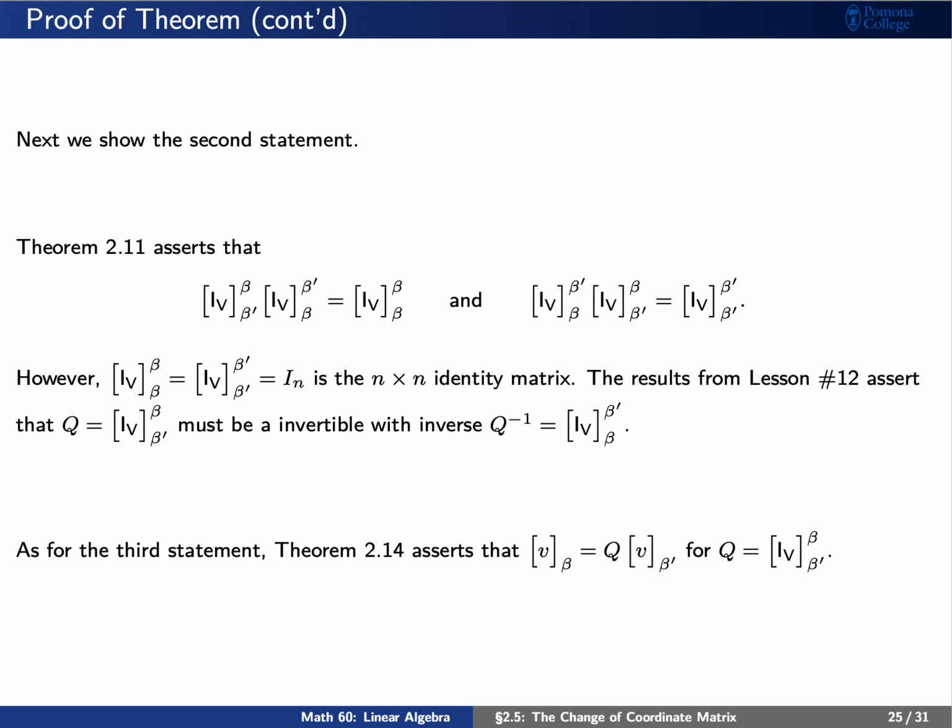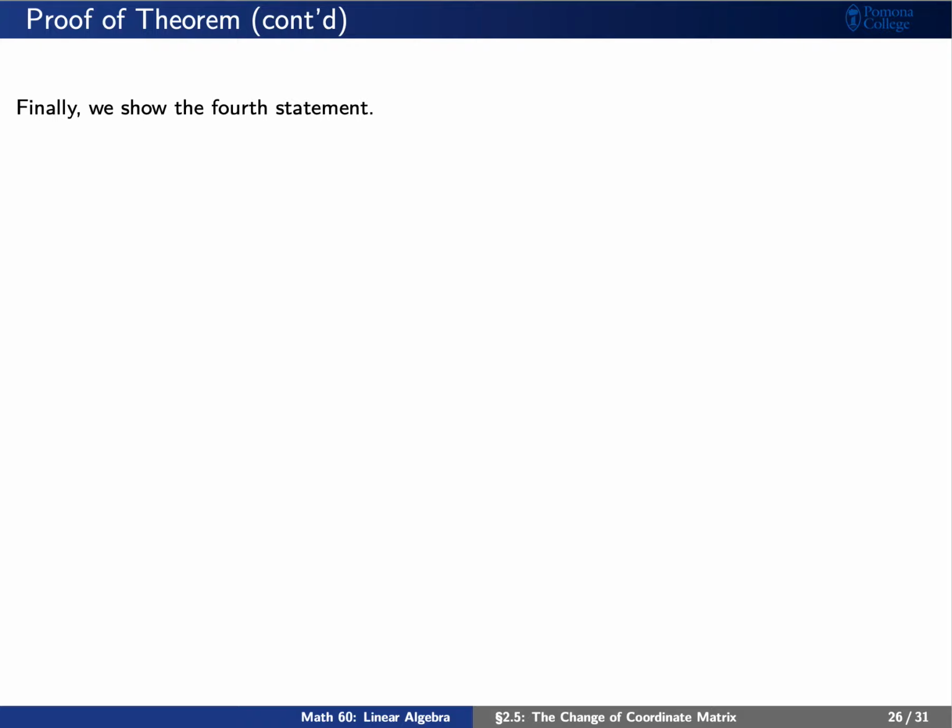As for the third statement, this is just simply a restatement of the way that we've set up all of our notation. Let's now show the fourth statement. We have the following expressions. Q times B, by the way that we've set up the definitions of Q and B, corresponds to the matrix representation of I sub V going from beta prime to beta, times the matrix representation of T going from beta prime to beta prime.